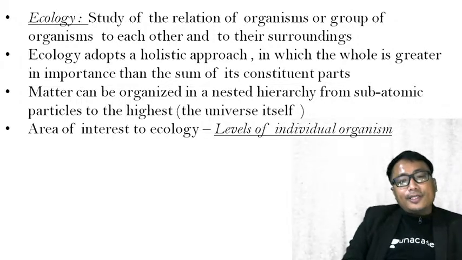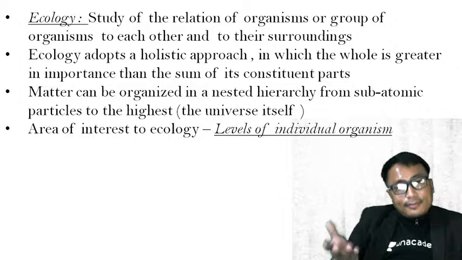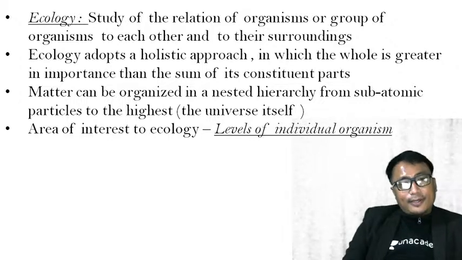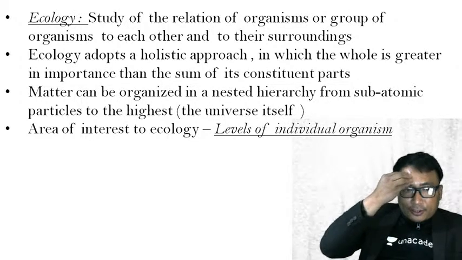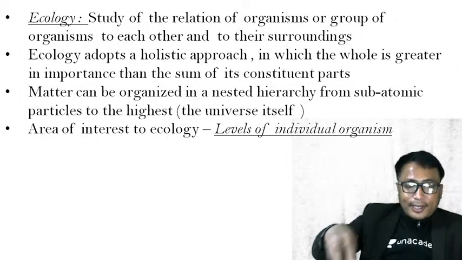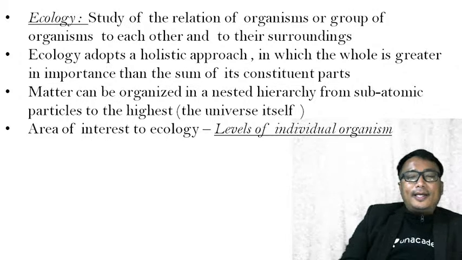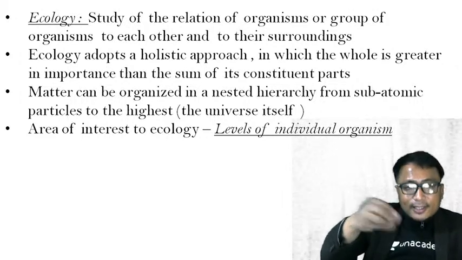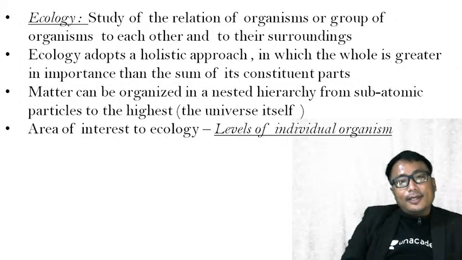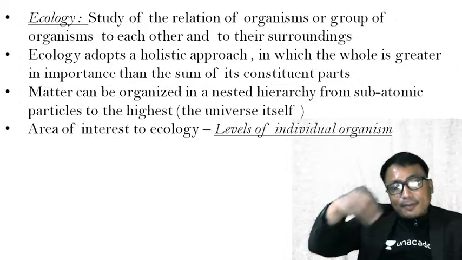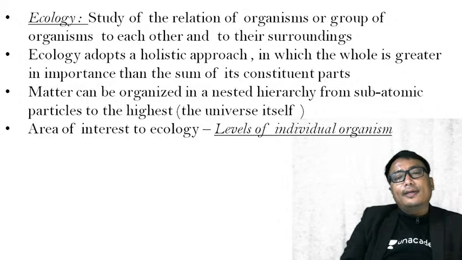In ecology we are going to see the ecosystem, but let me tell you now itself. We study ecology or environmental geography in a systemic approach. Systemic approach means, what is a system? A system has certain input and output. Within the system itself there may be different types of systems.